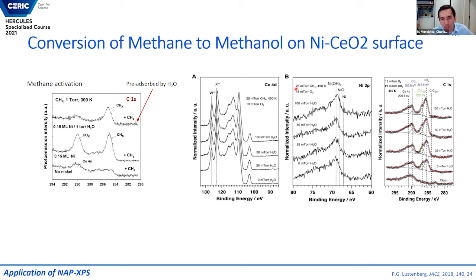Also, we did several studies with the presence of not only methane, but methane plus oxygen. So it means we simulate the reaction, and we try to measure the chemical state of ceria and nickel particles. And it was found that as soon as there is increasing water pressure, we were also adding water to such a mixture, you see that there is a formation of some nickel hydroxide.